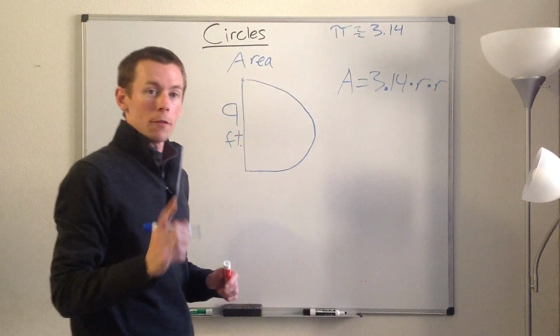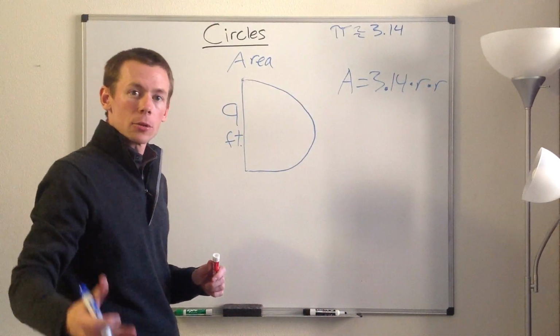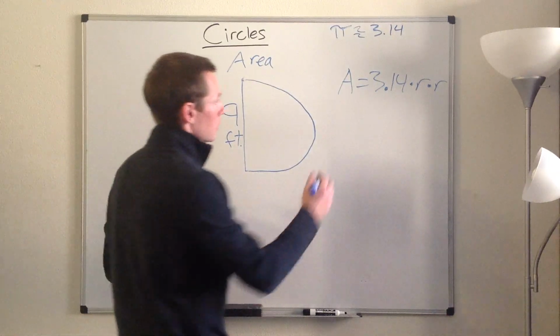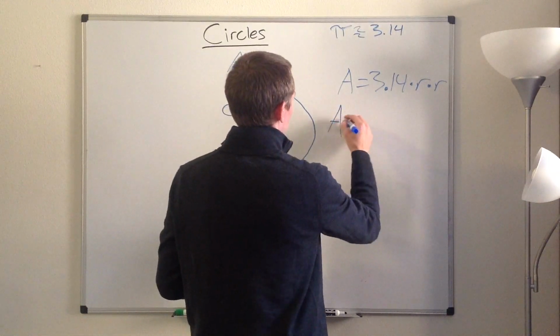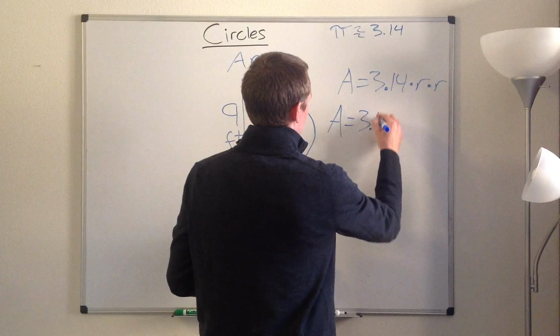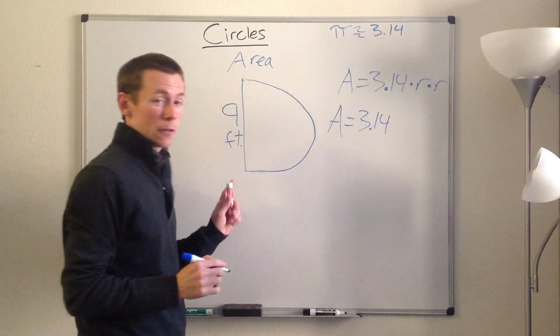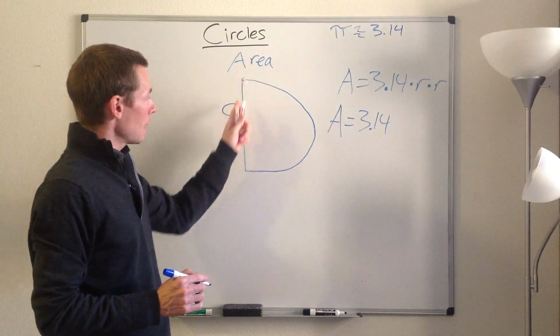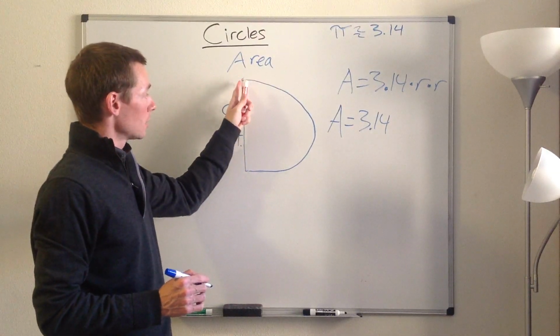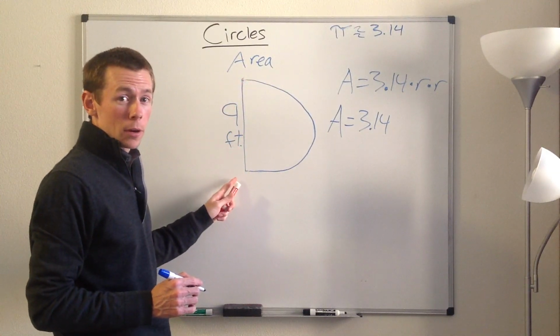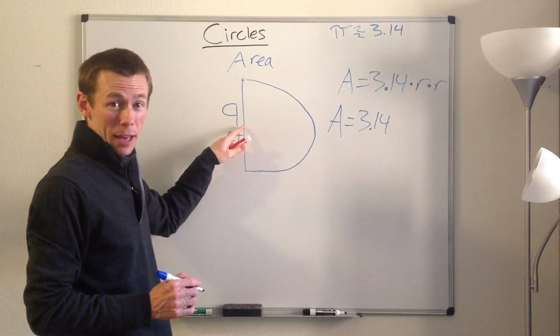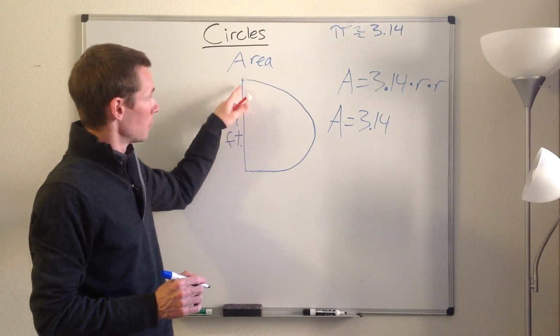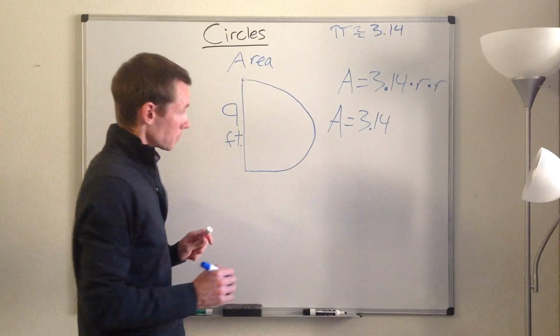That's 3.14, which is pi, times the radius times the radius. But be careful here, because what actually is the radius? Remember, the diameter is the length from one side all the way to the other side, whereas the radius is only half of that, from the center to a side of the circle.